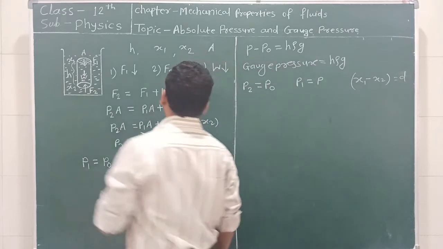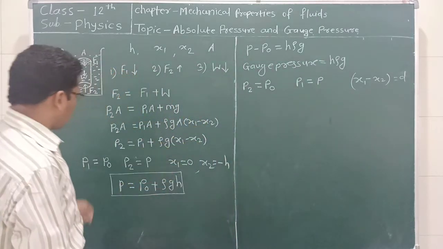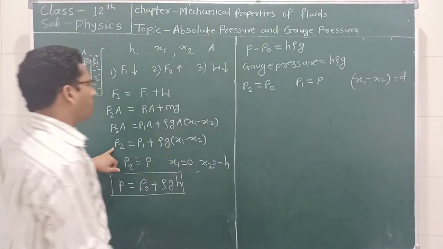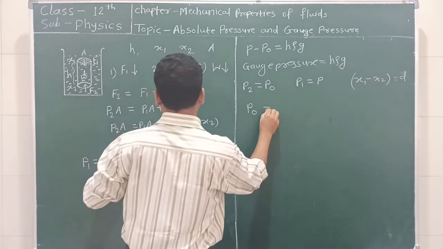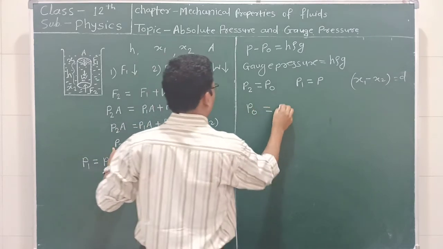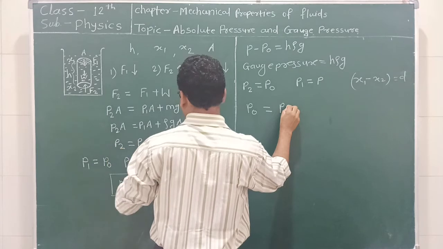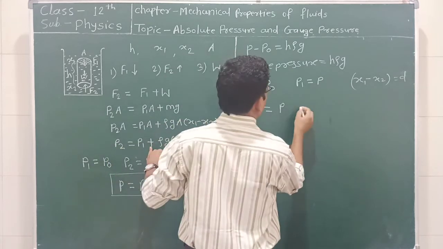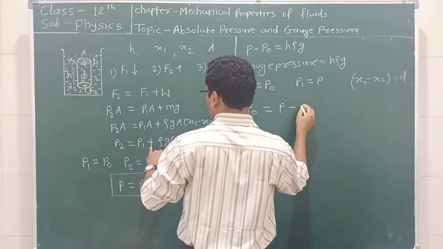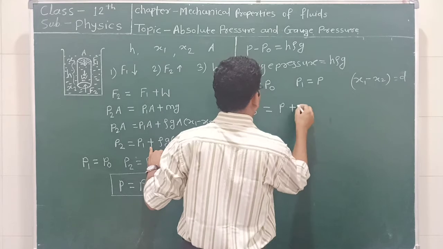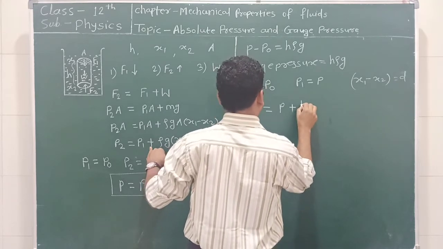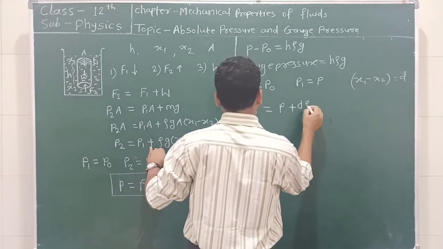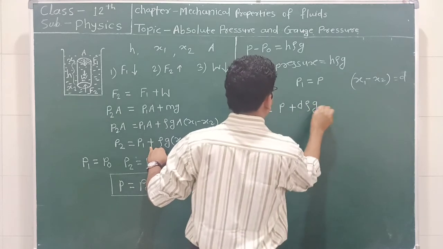If we keep this value in this equation, we get P0 is equal to P plus D rho g.